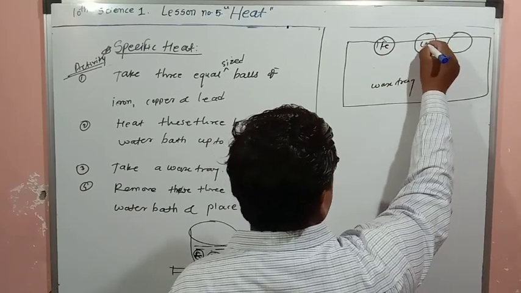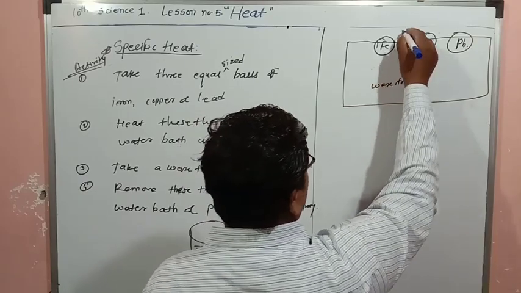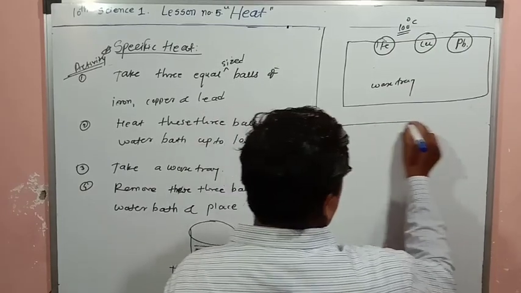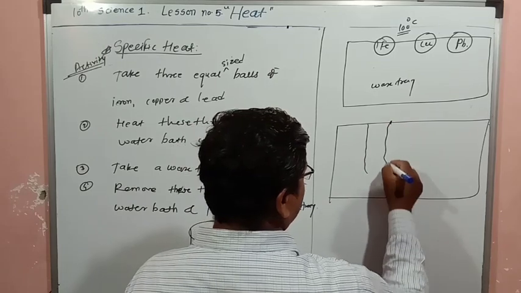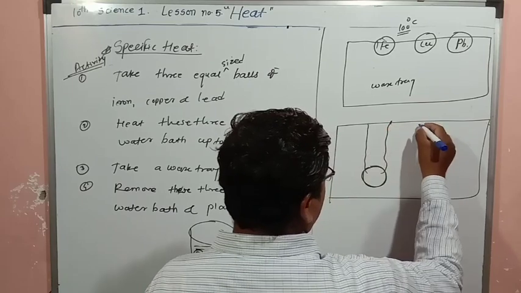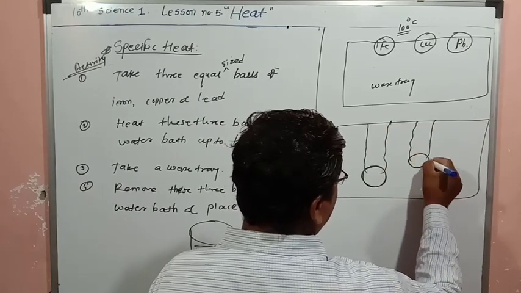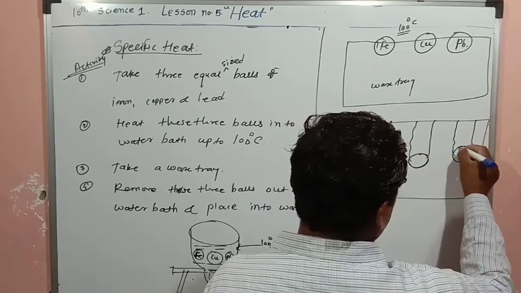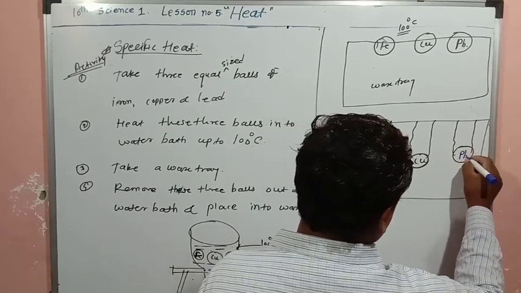Iron ball, copper ball, and lead ball are there. So initially the temperature is how much? 100 degrees Celsius. And after some time you will see this iron ball goes deeper into the wax tray. Then the copper ball goes intermediate, and then the lead ball.